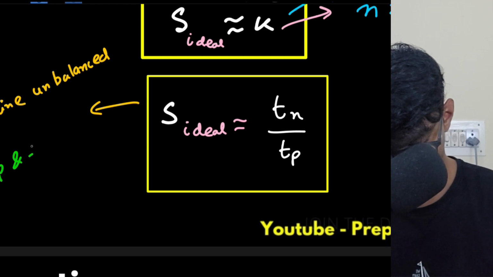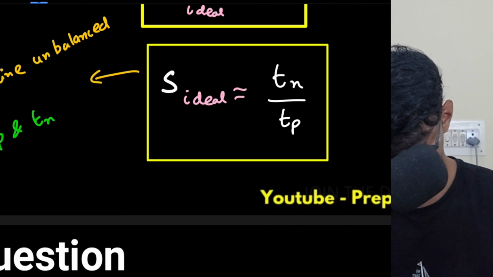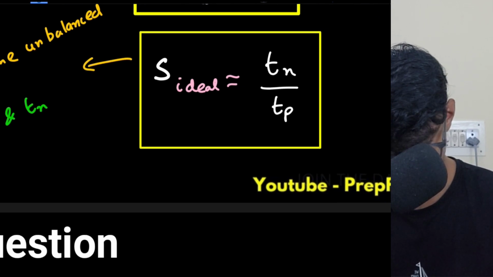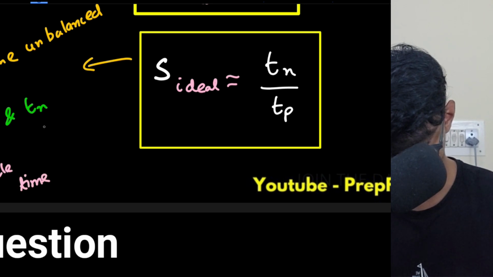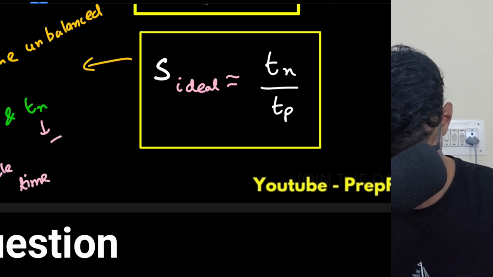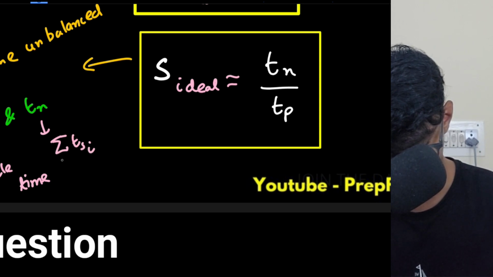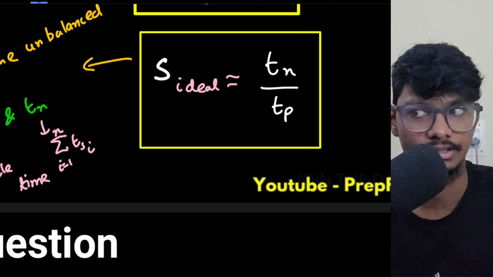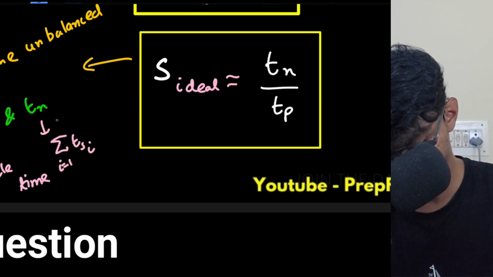Okay. So what is TP basically? For TP, generally you will look for the word cycle time. That is what my TP is. And what is TN? TN is basically the sum of the time each stage consumes, for i equals 1 to i equals K.